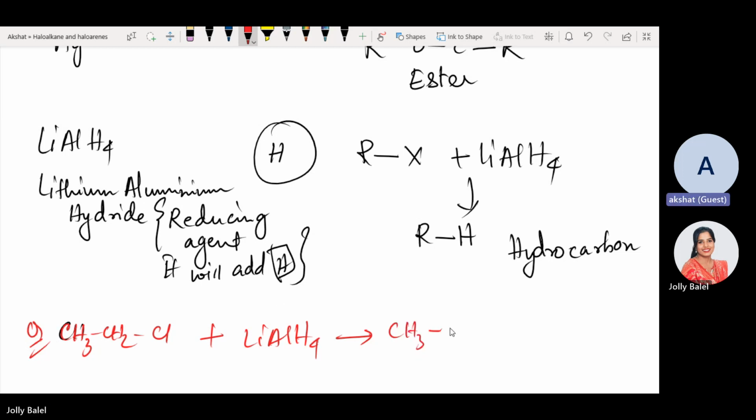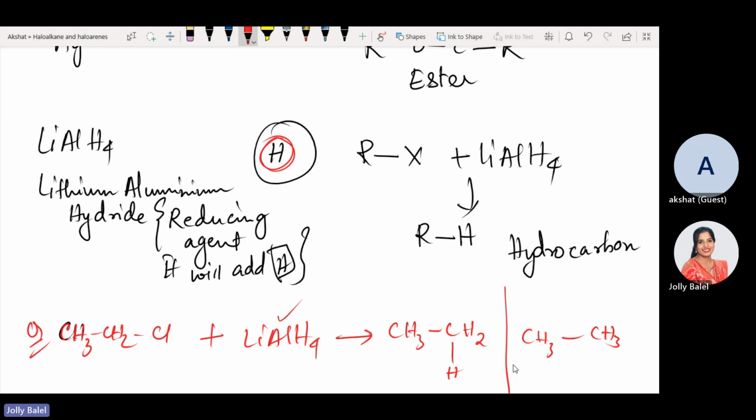CH3, A. CH2 then? Whenever lithium hydride is there, this will get attached, right? Yeah. So it comes out as CH3, CH3.